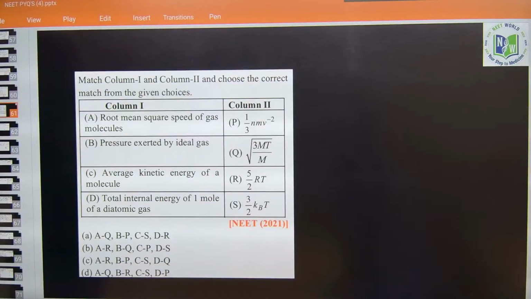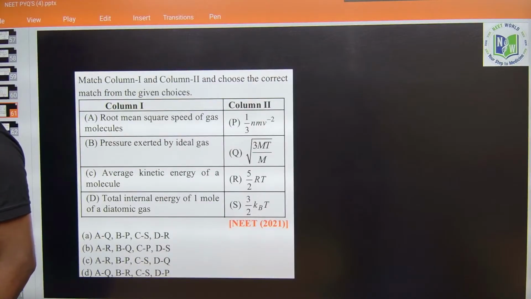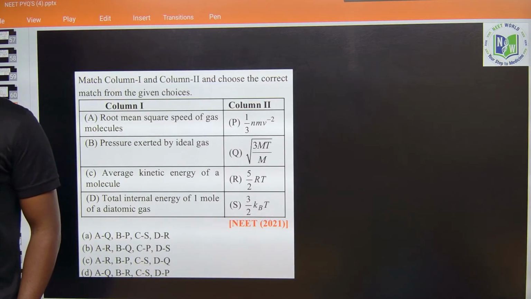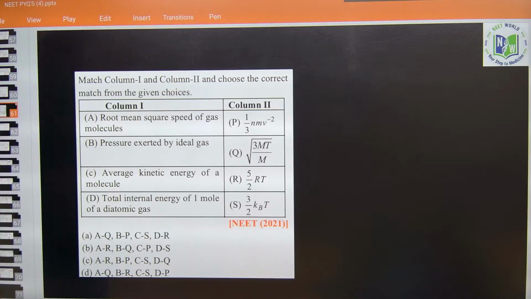Okay, we'll start the class. Yesterday we stopped at the question of NEET PYQs, so we'll continue with that.